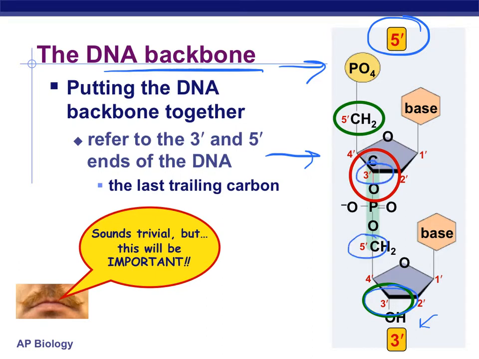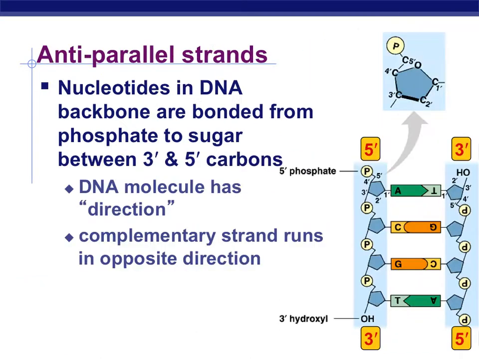And the 2 complementary sides of the DNA polymer are called anti-parallel, which means that the 5' to 3' strands run in opposite directions of one another.